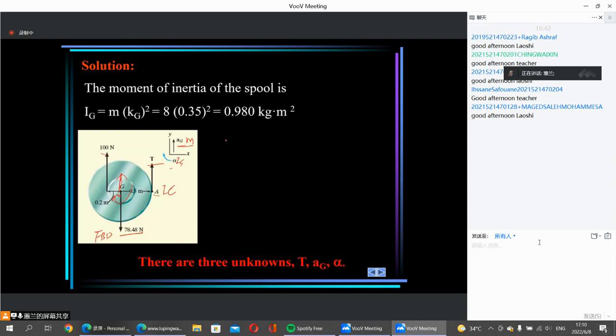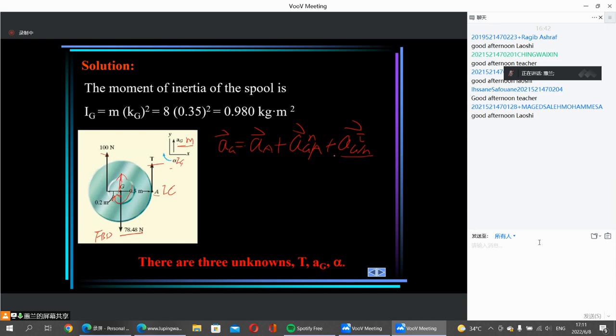According to the kinematics, we can choose A as a base point. So AG equals AA plus AGA. For AGA we have the normal and tangential components.